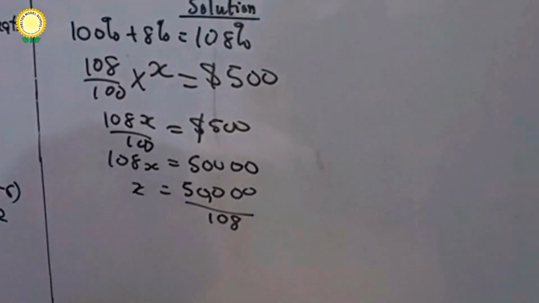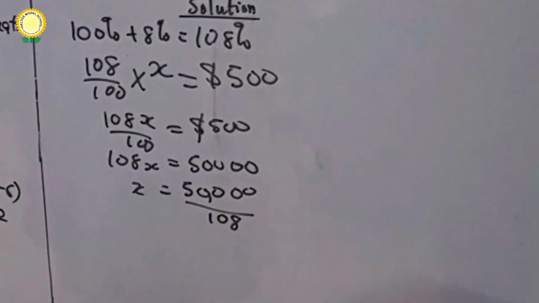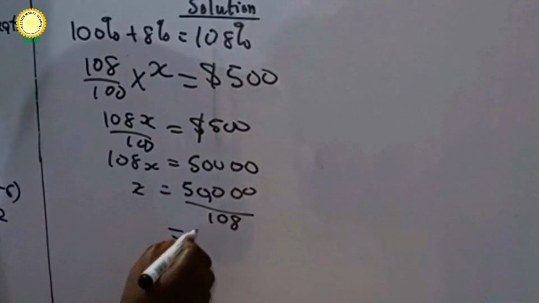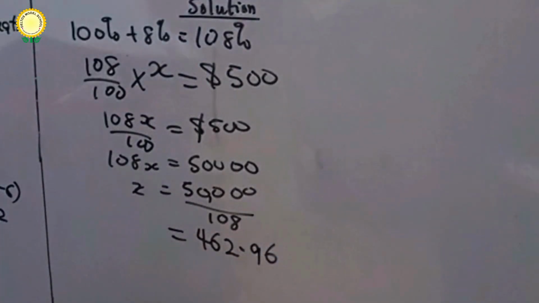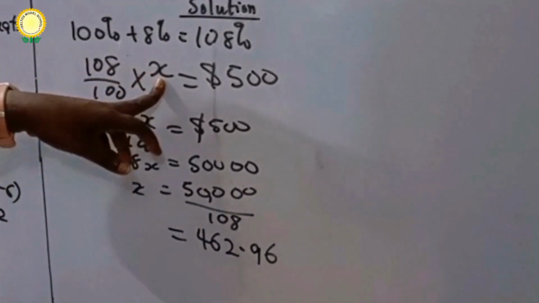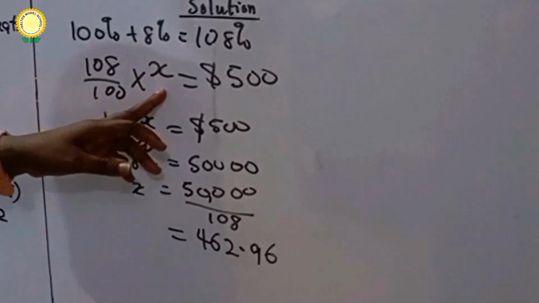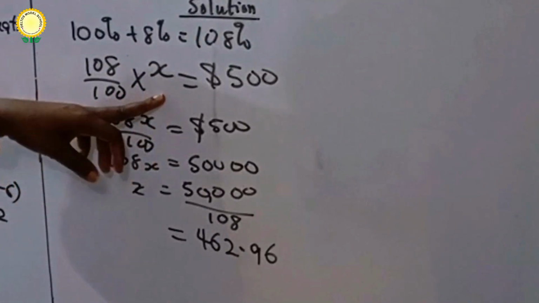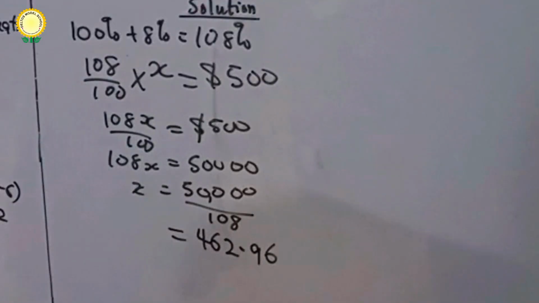Let's cross check. 50,000 over 108 will give us what? 462.96. That is x. And what is x? Remember, I just put x. X is the original price of your product. 500 is the first selling price.